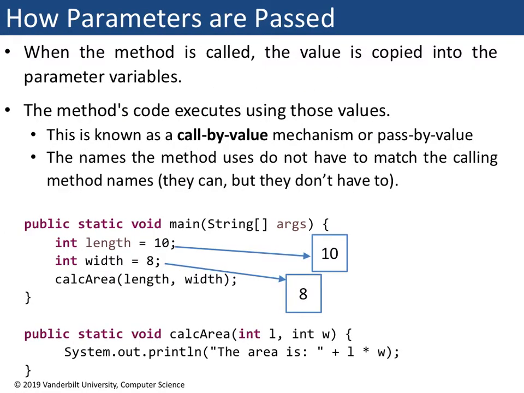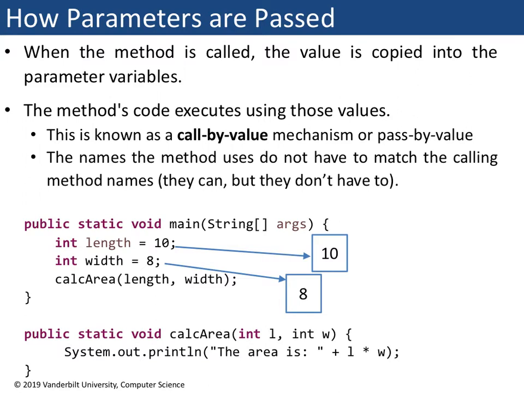So at this point, let's discuss exactly how parameters get their values from the caller. If you remember, we said that each parameter which expects a value must be supplied with an expression, right? So when we call our method, we must supply an expression which will evaluate to a value for each of the parameters which were defined in the declaration of the method.